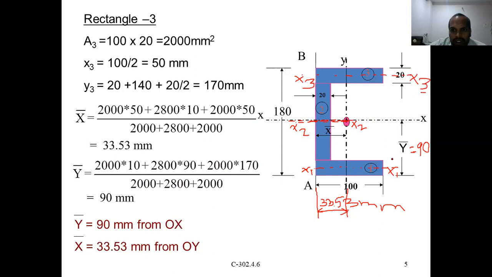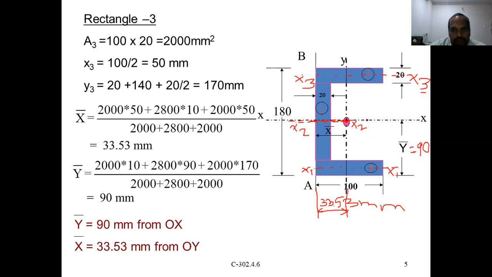Now, we want the moment of inertia about this x-axis. If you directly substitute bd cube by 12, you will get the moment of inertia about its own centroidal axis, but we don't want that one, we want it about this axis. About this axis means we again have to apply the parallel axis theorem, just like we did for the I section.